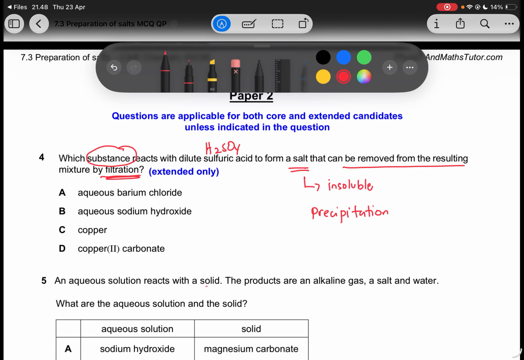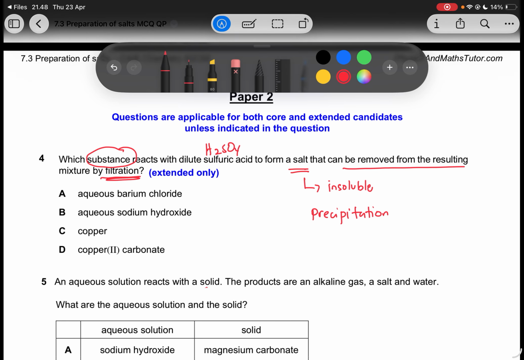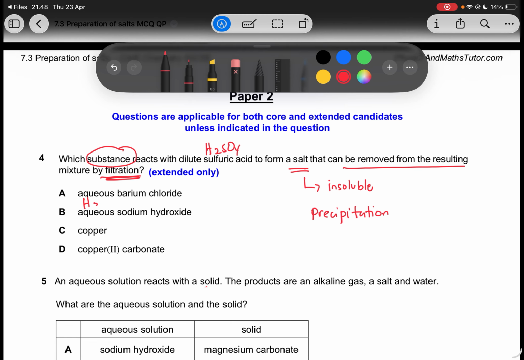So what are we going to do now? We're going to add H2SO4 with our first option, which is barium chloride. Then we will get the salt barium sulfate and hydrogen chloride, or HCl.